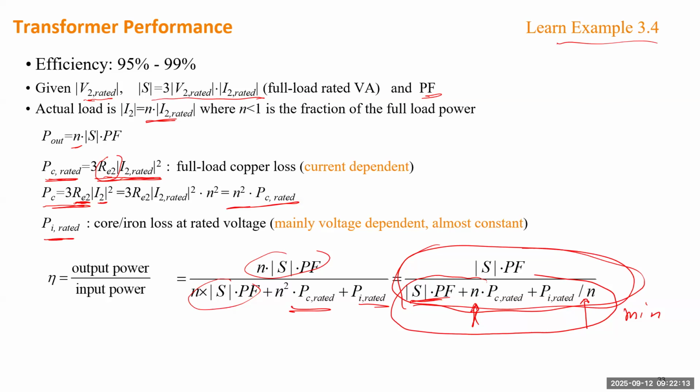For such a case, if you want to find the minimal value, you can just calculate the derivative of the function with respect to n. But the conclusion is usually those two items are equal. That will give you the minimal denominator, which is the maximal efficiency. Okay, so you can take a look at that example for more details.